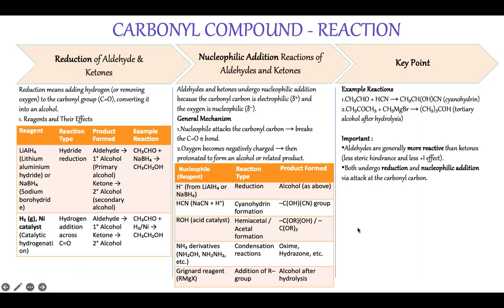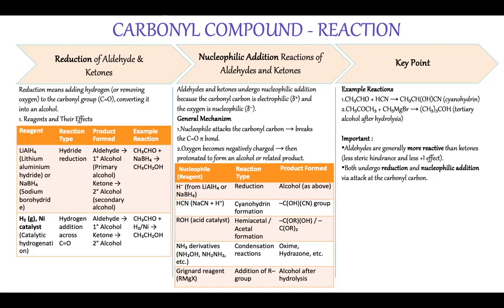Let's look into the reactions of carbonyl compound. We have two here. One is the reduction of aldehyde and ketone, and secondly, the nucleophilic addition reactions of aldehyde and ketone. Reduction means adding hydrogen or removing oxygen from the carbonyl group and converting it into an alcohol.